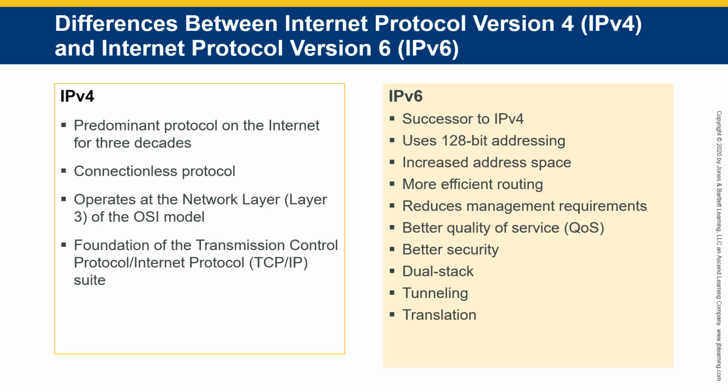That's true, but we're talking about the IP portion of the protocol. IPv4 is technically connectionless. TCP is where sessions get set up. UDP, of course, still is connectionless too. These operate at layer 3 of the OSI model, and they're the foundation of the TCP/IP protocol suite. So we have that there.